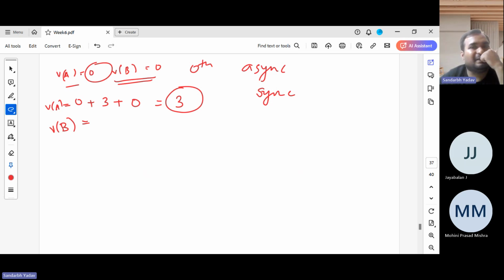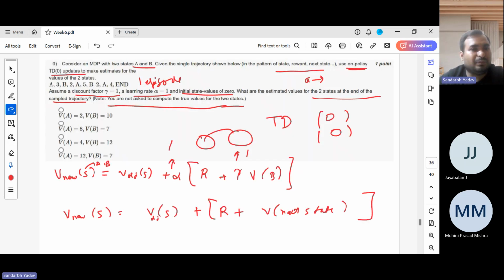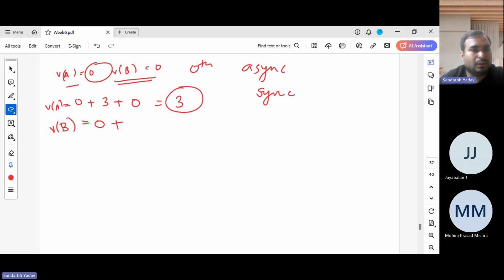So let's do it synchronously. You can see that if our initial value of B was 0 either way, it doesn't matter much here. And the reward which we are getting from moving B to A is 2. And what is the value of where we are moving? A. So we have the initial value of B. Maybe let's do it asynchronously only.